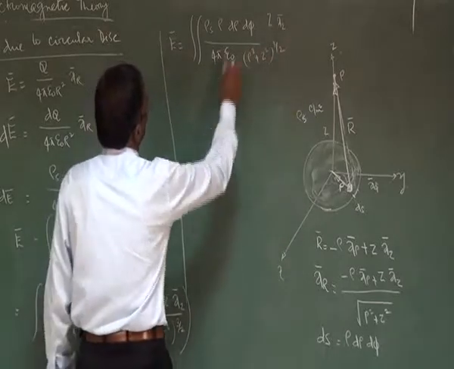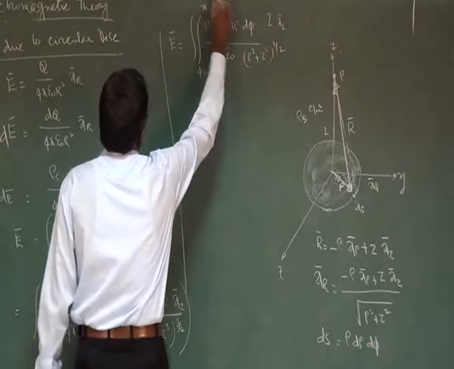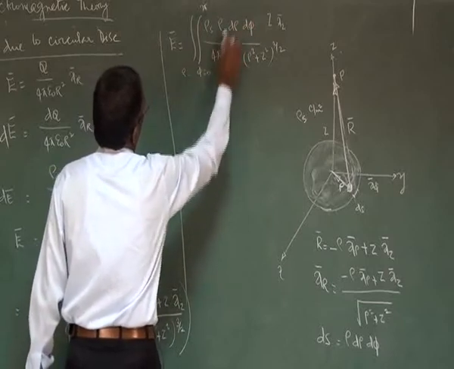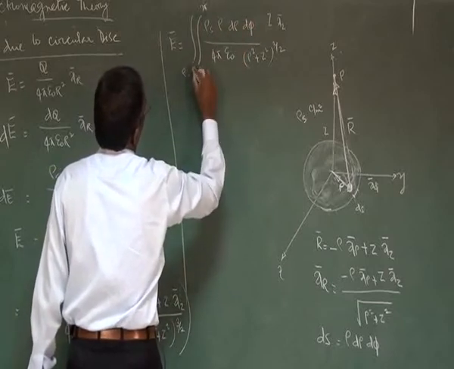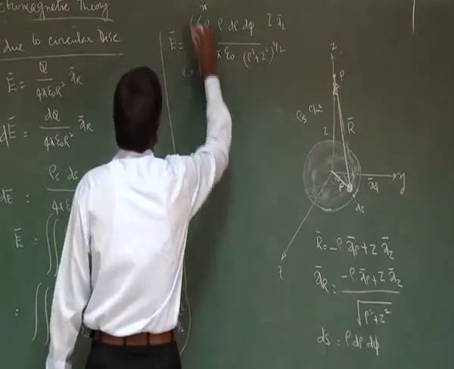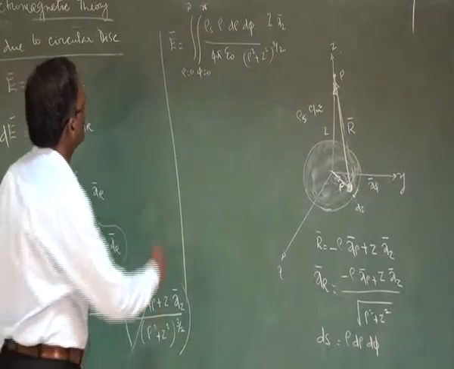The limits could be substituted as for phi 0 to 2 pi, and for rho d rho, with respect to rho. So rho is also one variable. Rho value, the minimum value is 0, maximum value can be infinity. So rho is equal to 0 to infinity.